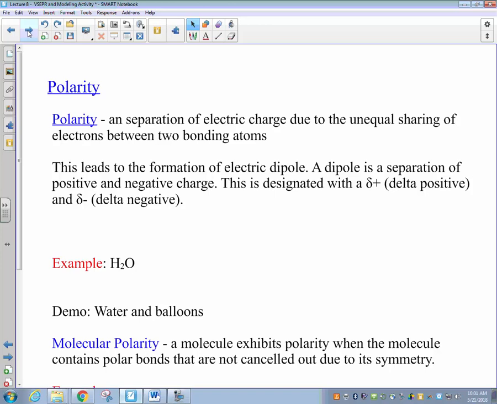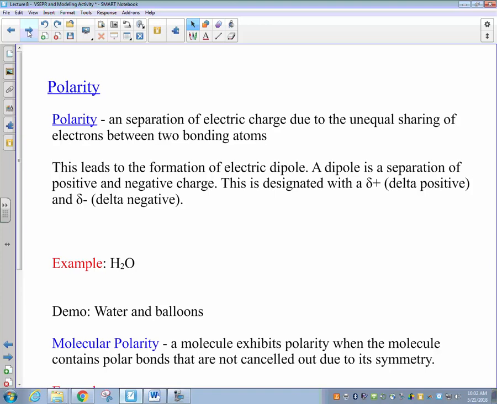Now, what reason would we expect to see an unequal sharing of electrons between 2 bonding atoms? If you think about it, guys, from our previous units, we discussed the ability of atoms to attract electrons to themselves as part of a bond as being referred to as the atom's electronegativity. So essentially, a polarity will result if you have a difference in electronegativities between 2 atoms that share a bonded pair of electrons. That is, the more electronegative atom will pull more of those electrons towards itself due to its greater electronegativity, thereby resulting in a separation of electric charge.